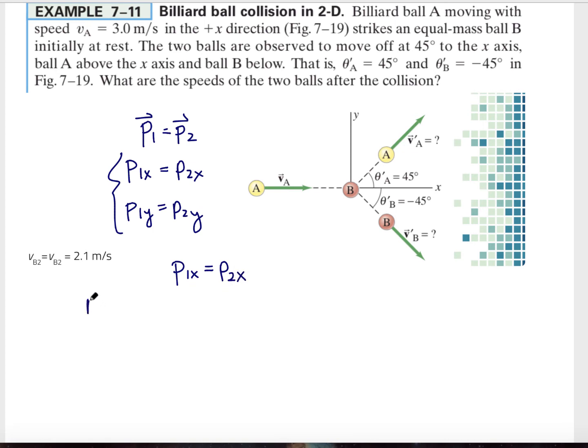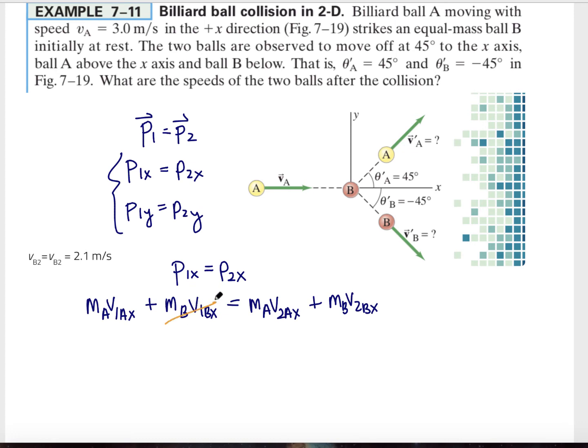And so we can say ma, so here is our initial a, times v1a in the x direction plus mass b times v1b in the x direction, which is given to be 0 in this case, is equal to mass a times v2a now in the x direction plus mass b times v2b in the x direction.